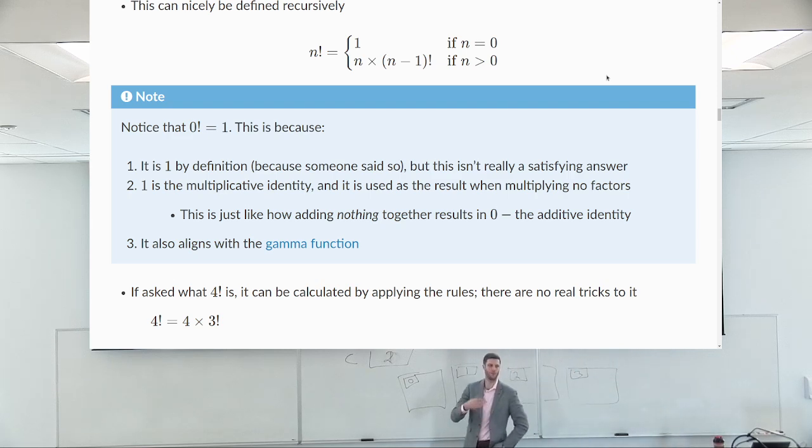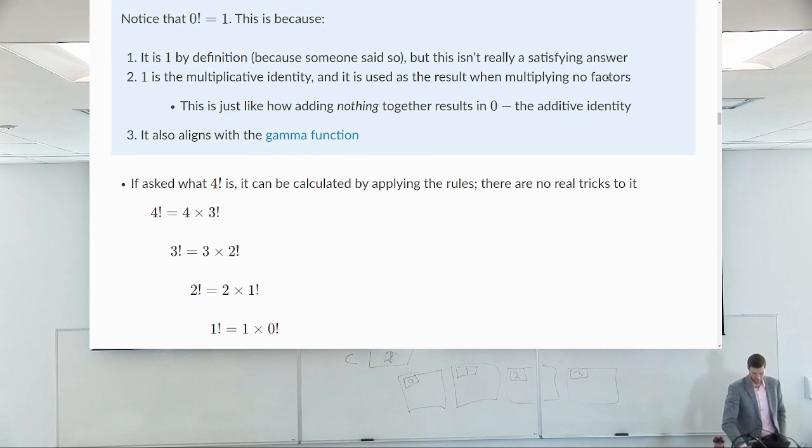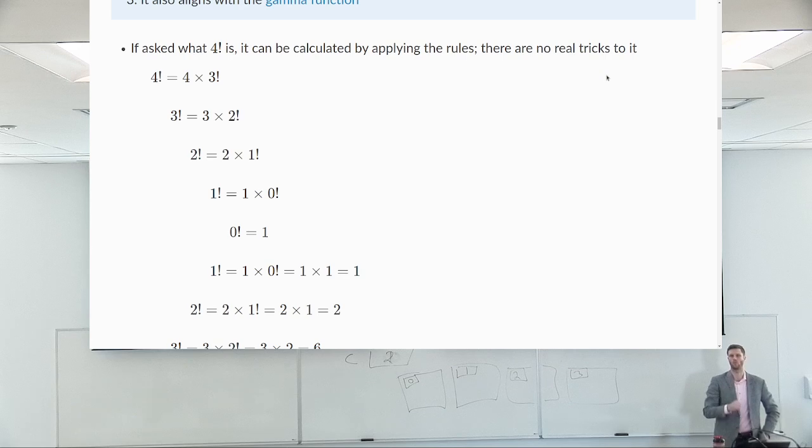The identity for addition is 0: if I do x plus 0, you get back x, nothing changes. For multiplication, it's not 0, it's 1. Anything times 1 is itself. So that's why it's important here. It also aligns with something called the gamma function, a more general version of it. But anyway, let's think about what 4 factorial is.